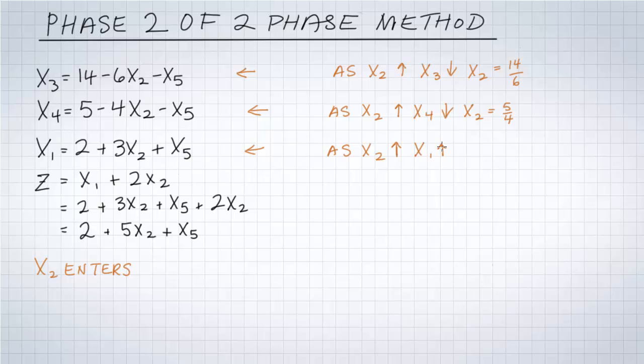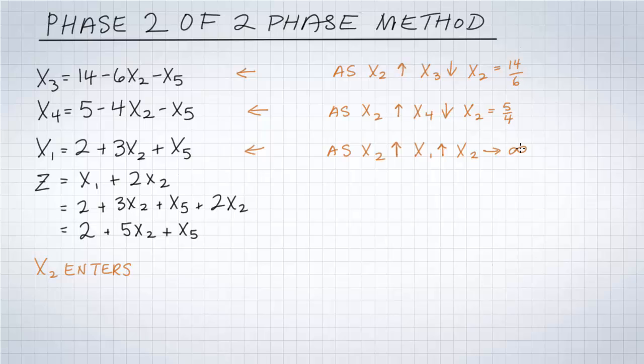This is the same logic that we're going to use later on to find an unbounded solution, where the entering variable can go as high as it wants because this happens with all the equations. But here it only happens with one, so we just write down that x2 can go to infinity.